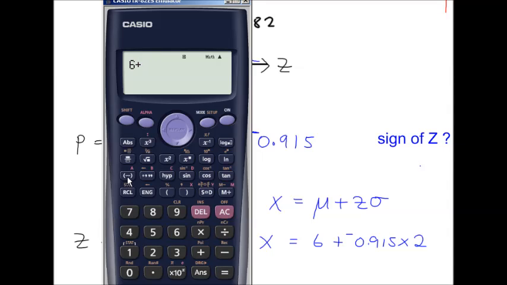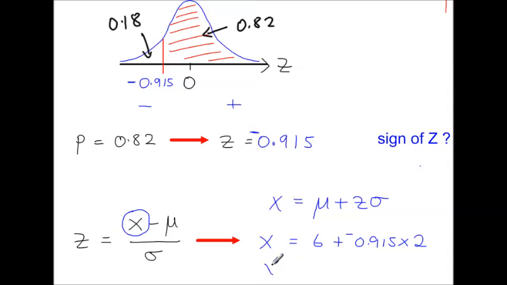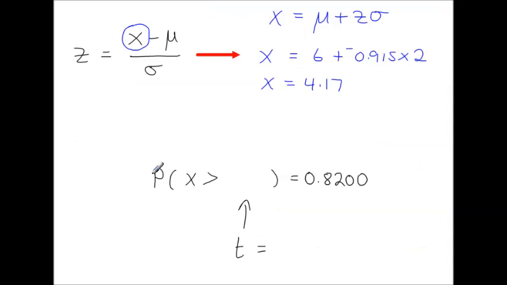So we have 6 plus minus 0.915 times 2, and that gives 4.17. So x is equal to 4.17. So what we've worked out is that the probability that x takes a value that's more than 4.17 is equal to 0.82. That's the value of x that we were calling t in this question.